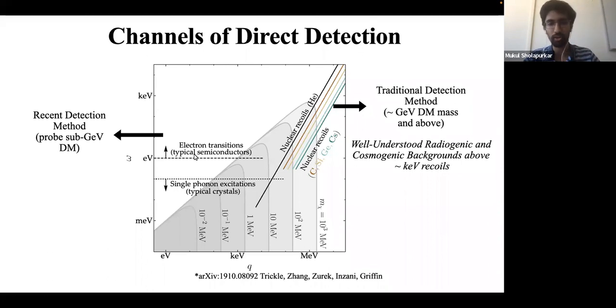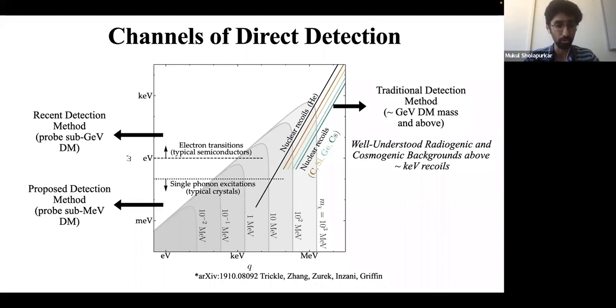To go beyond to probe sub-MeV dark matter, there are no current experiments that do this, but it has been proposed that we can look for, for example, single phonon excitations or multi-phonon excitations. Phonons are nothing but collective excitations of nuclei that are excited by dark matter in crystals. These signals will typically lie even below this eV scale, so these will be milli-eV or tens of milli-eV scale signals that people will look for.